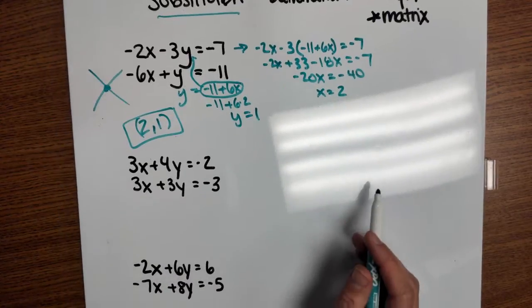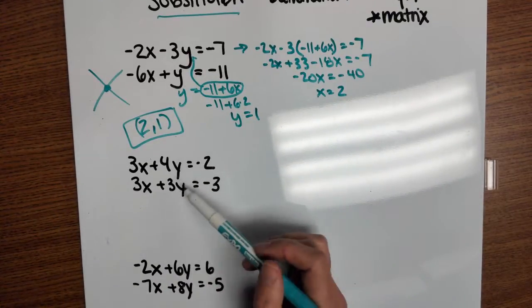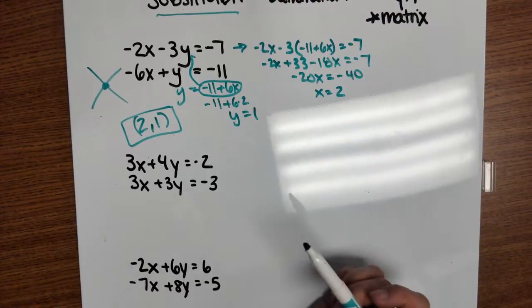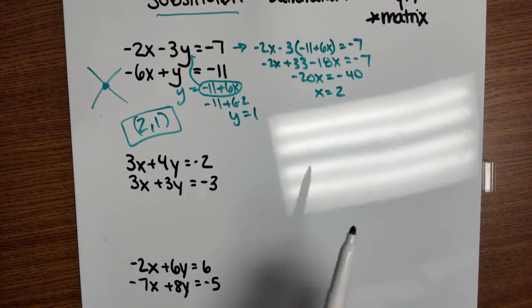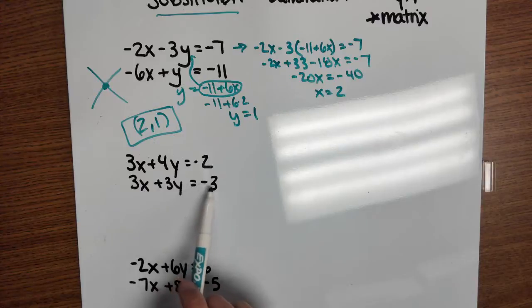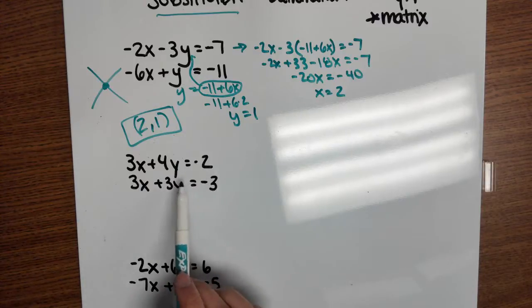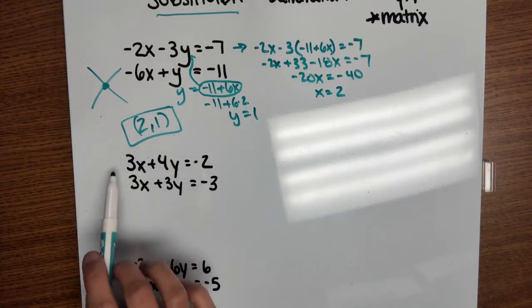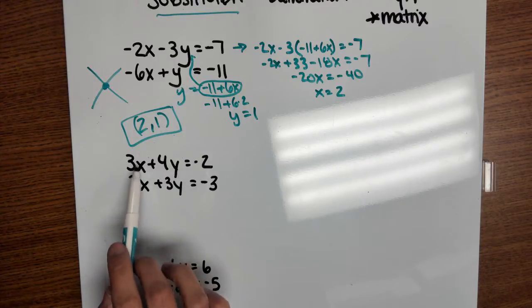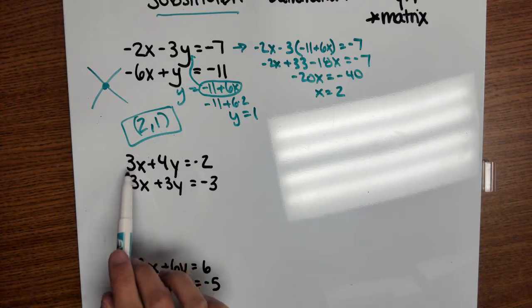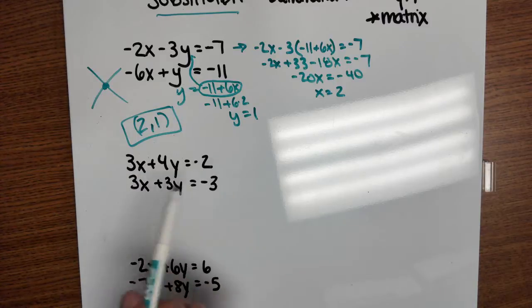Next one is a little bit more involved because we don't have a variable by itself. There's really two ways that stand out here. If I look at this bottom equation, everything is divisible by 3, so I could divide everything by 3 and then do substitution. I could also see that I have the same variable with the same coefficient, but I need to make it opposite signs.